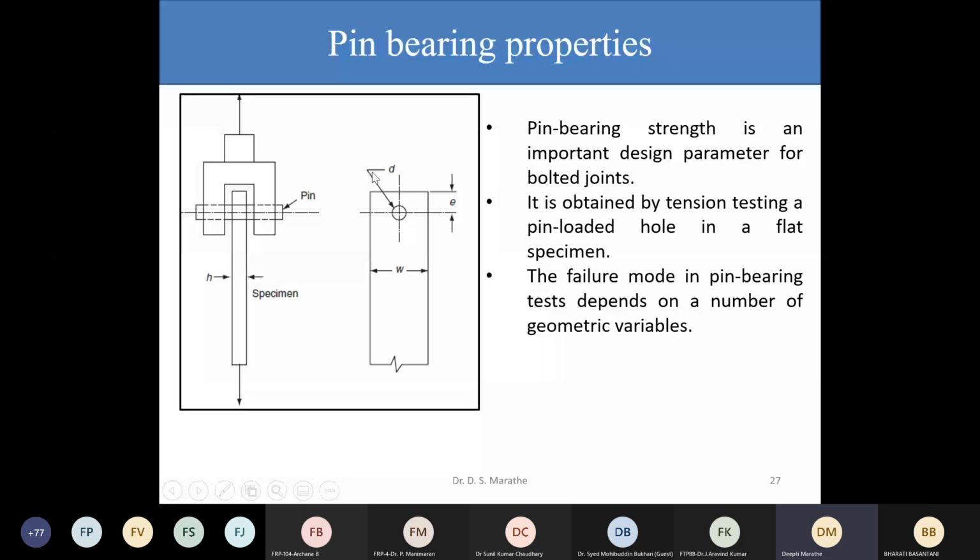So whatever is going to be the variation in geometry, no matter from which laminas this particular specimen is going to be made, there's going to be a certain way of failure, and the other is dependent on the buildup of the particular laminate which is used to make this particular structure. So now there are different modes of failure in case of pin bearing.